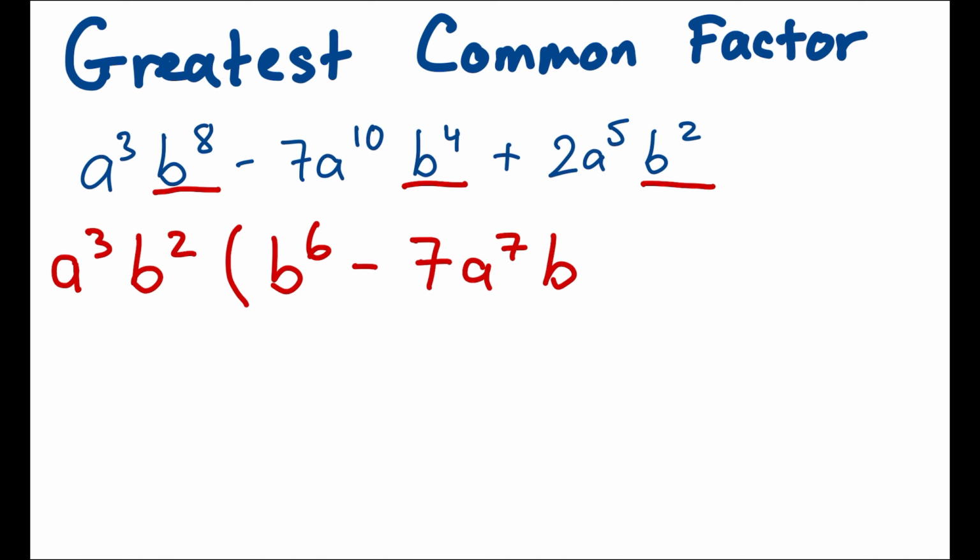The next term is B4, same thing, 4 minus 2 is 2, plus bring down the A5, 5 minus 3 is 2, so A2. And then the B, since you already have it, you don't need to write it. Then that's all. This is your answer by doing the greatest common factor method.